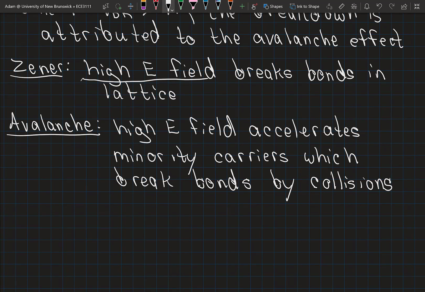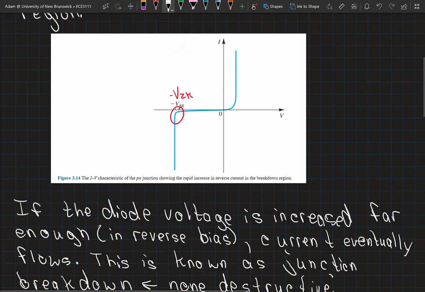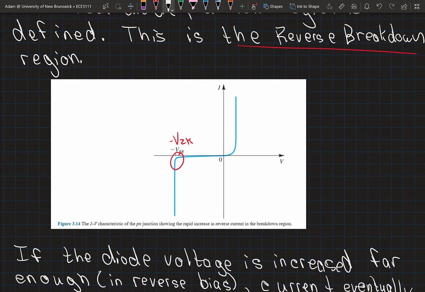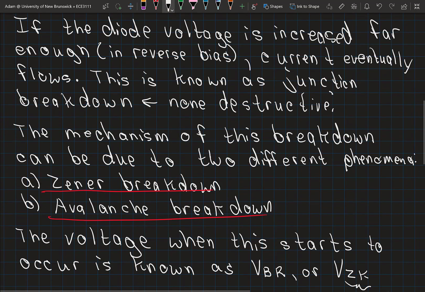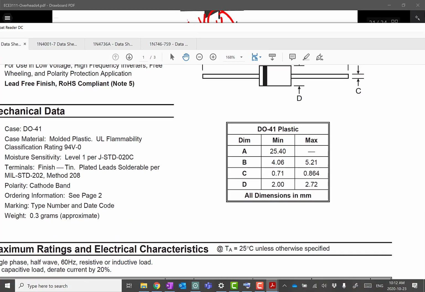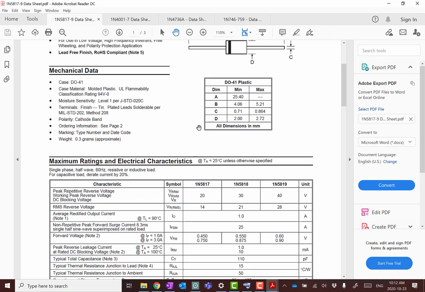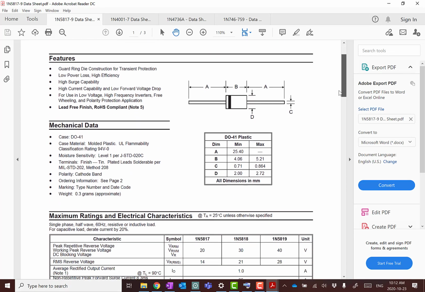Okay, so generally for a general purpose diode, the location of this breakdown voltage or this knee is quite a large voltage, often in the hundreds of volts, and you can look at data sheets to see what that might be. For example, if we look at diodes that were used in our lab, here's one of the diodes that we used in the last lab.